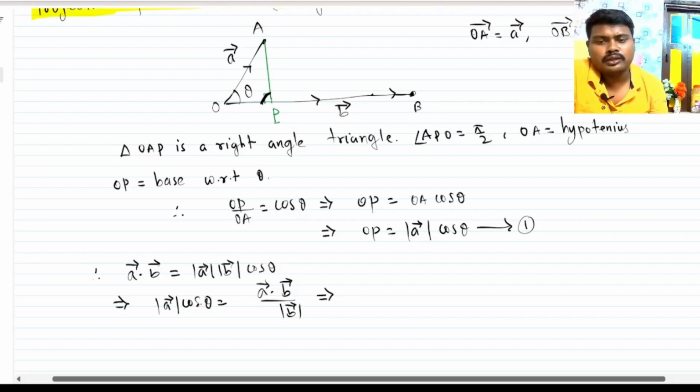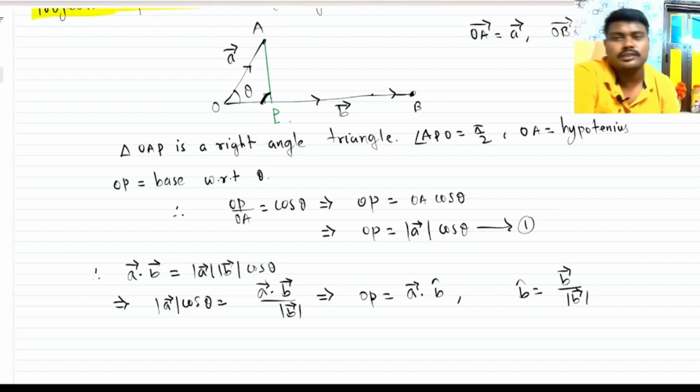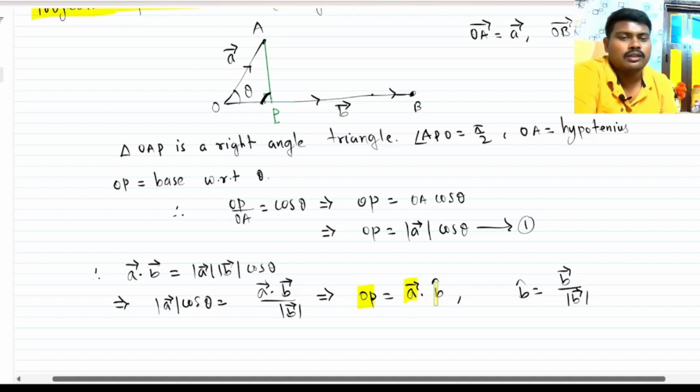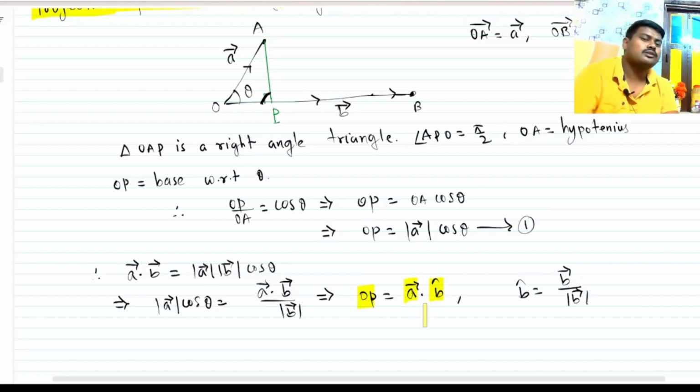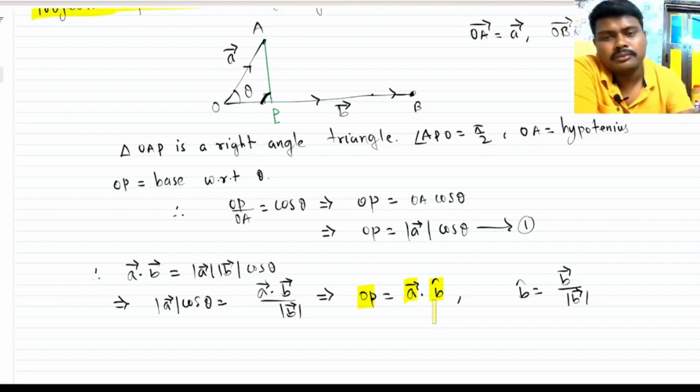We know that mod a cos theta is equal to OP, so OP equals a dot b cap. Here b cap means the unit vector along b, that is b by mod b. So this is the projection OP of the vector a on the vector b. To evaluate the projection of a on the vector b, we take the dot product of a and the unit vector along b.